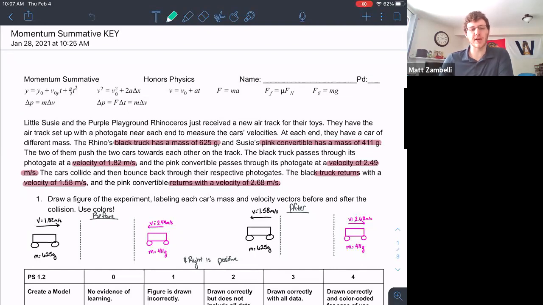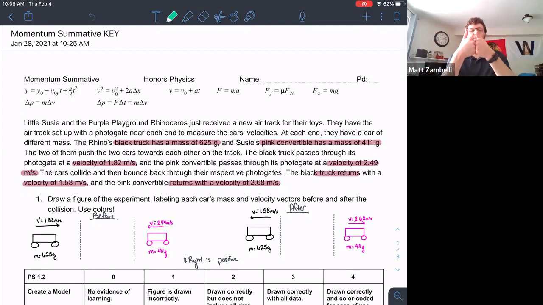The Rhino's black truck has a mass of 625 grams, and Susie's pink convertible has a mass of 411 grams. The two of them push the cars towards each other, and the black truck passes through the photo gate with a velocity of 1.82 meters per second. The pink convertible passes through the photo gate with a velocity of 2.49 meters per second.